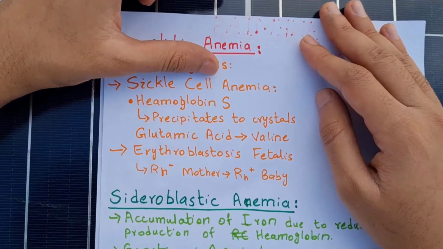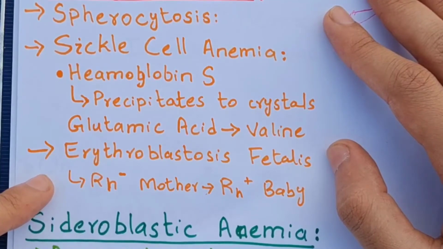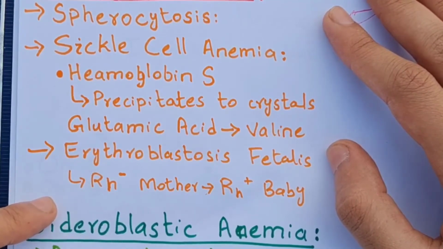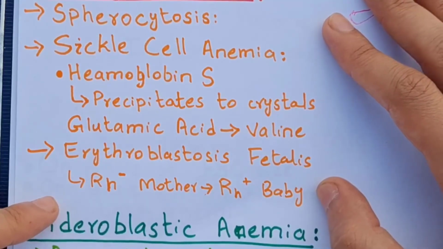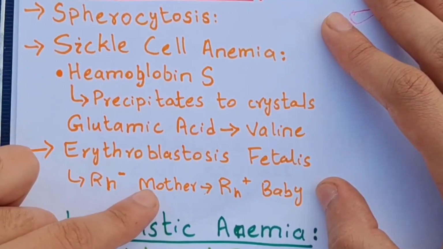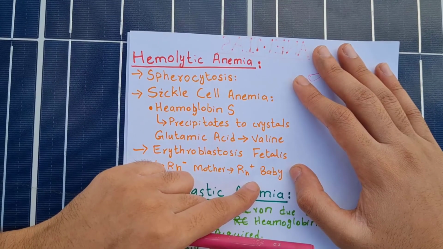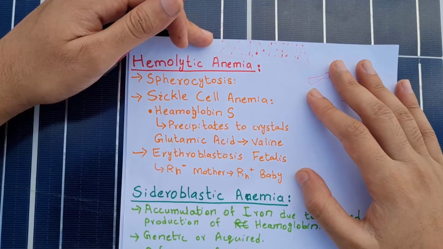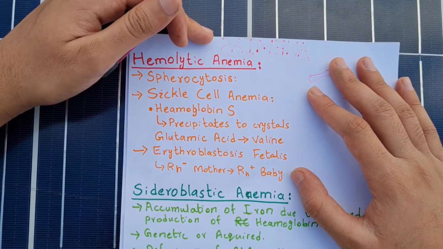So next up on this list we have erythroblastosis fetalis. Erythroblastosis fetalis is a condition which occurs when an Rh negative mother conceives an Rh positive baby. In such cases, the Rh negative mother starts producing antibodies against the Rh antigen containing blood of the baby. This results in the agglutination of the RBCs of the baby and their rupture.